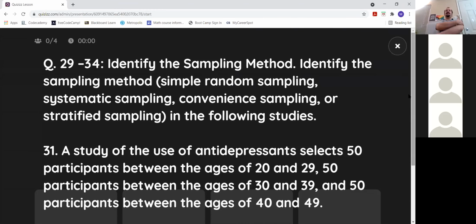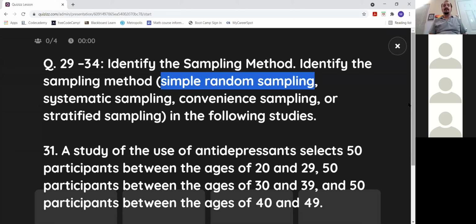Oh man, now we get sampling methods. So identify the sampling method: simple random sampling, systematic sampling, convenient sampling, or stratified sampling. Those are our 4 choices. I'm going to go through these right quick. Simple random sampling is like getting a random number generator, or a computer to generate random numbers.